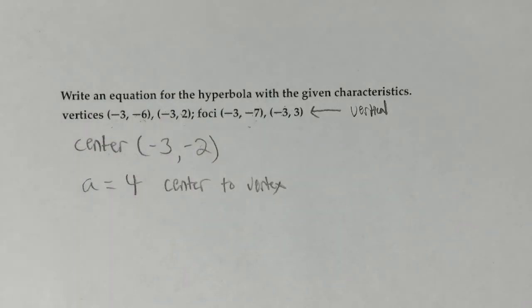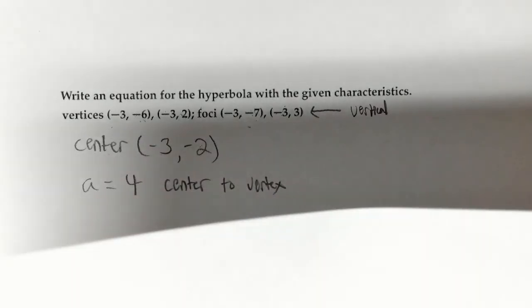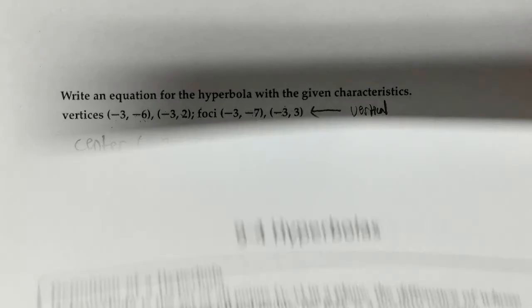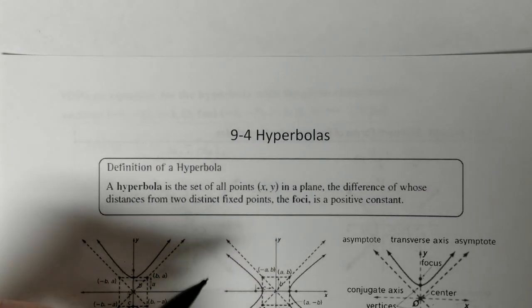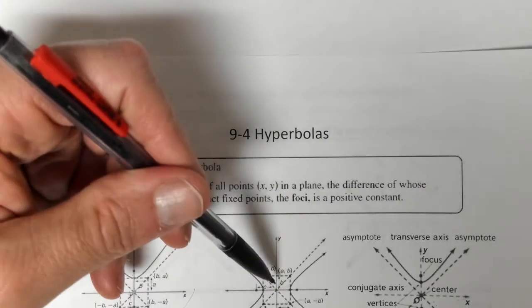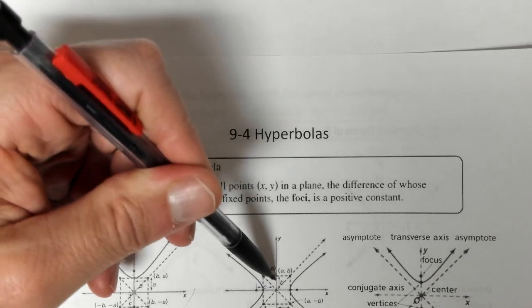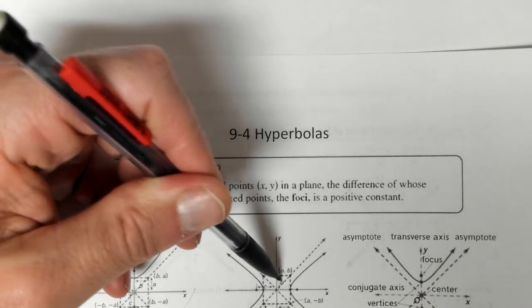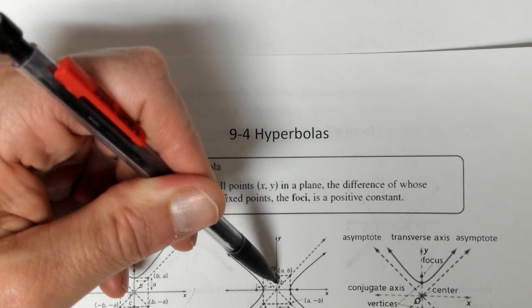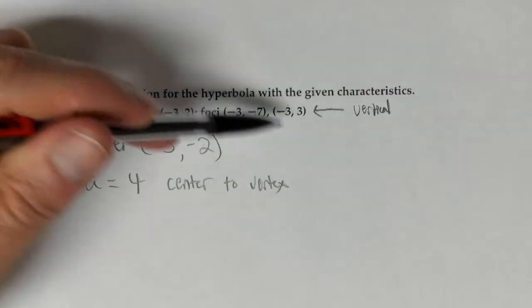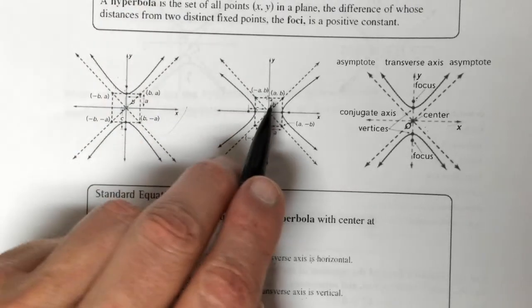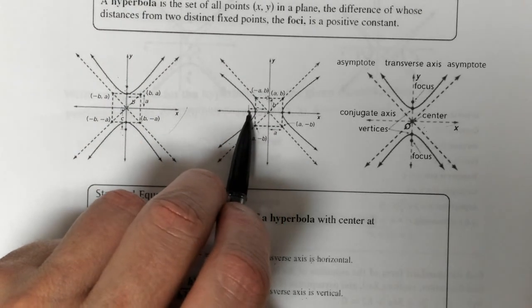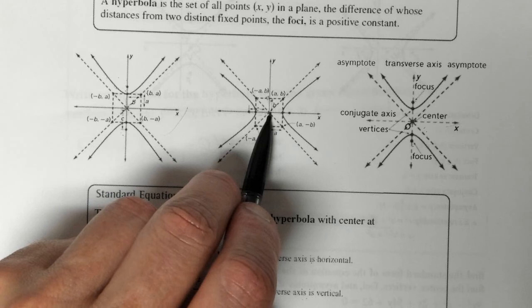Now, we also need b. But remember, your b is going to be from the center up to this point, which is something that's difficult to determine with the points that we have. However, we can't get the b, but we can get the c, because remember, in a hyperbola, the value of c is from the center over to the focus.